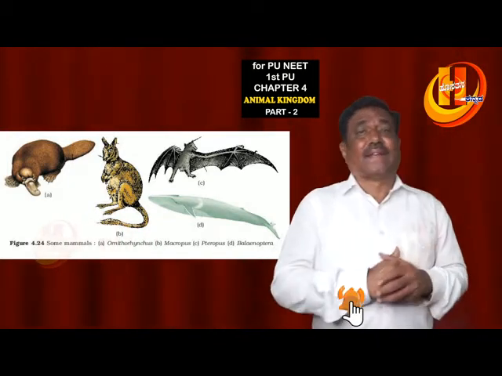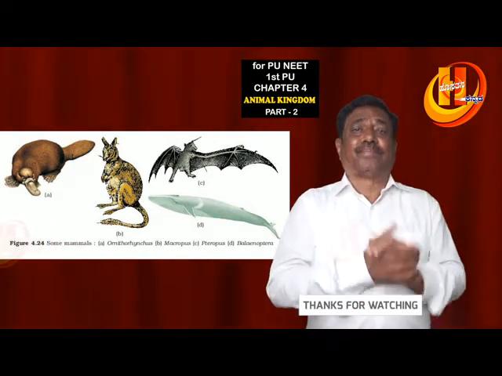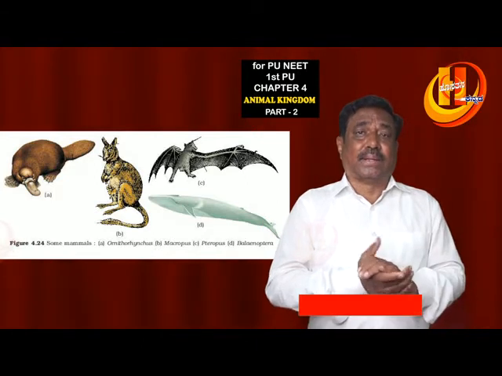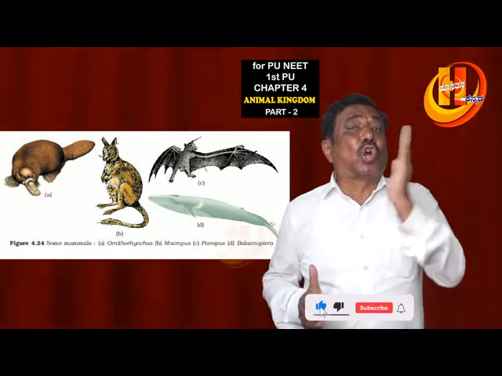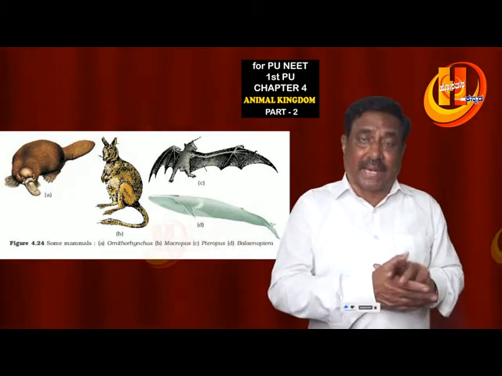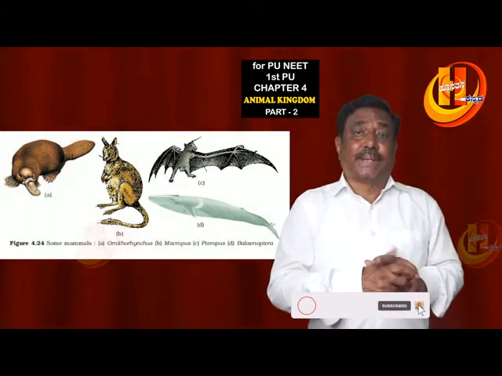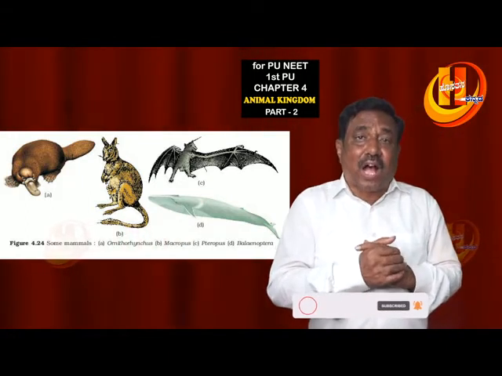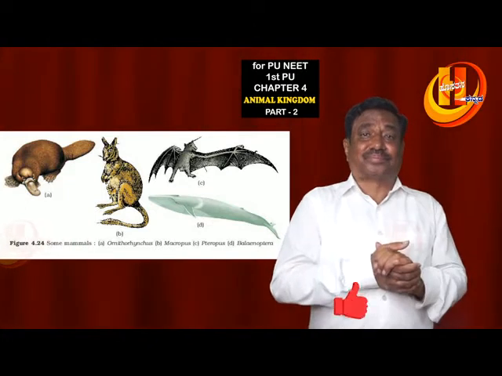The examples are very important, as I told you earlier. So the oviparous egg-laying mammal is the platypus. It is called Ornithorhynchus. That is very, very important, platypus. And Macropus is kangaroo. Pteropus is flying fox. Equus means horse.